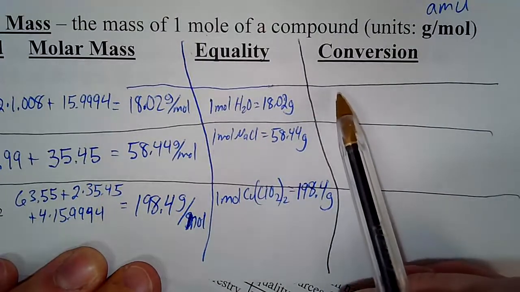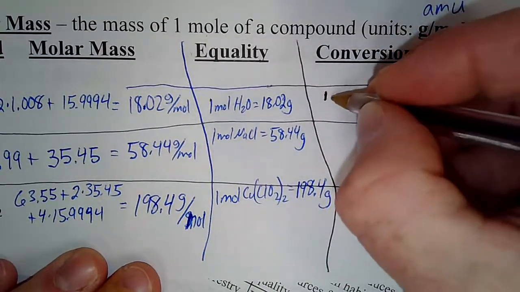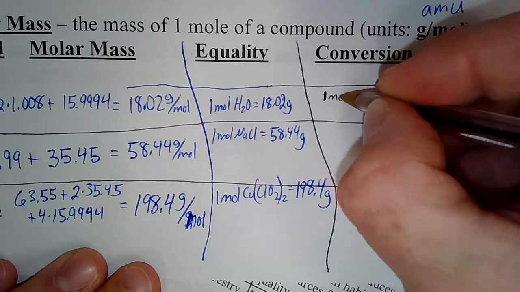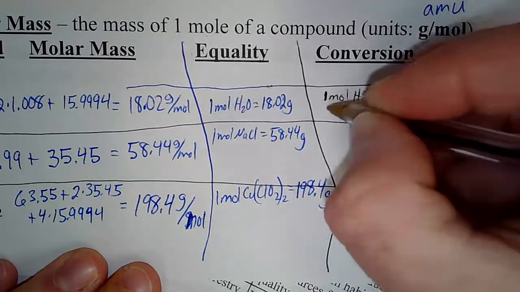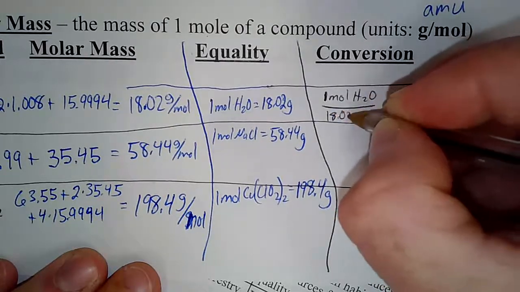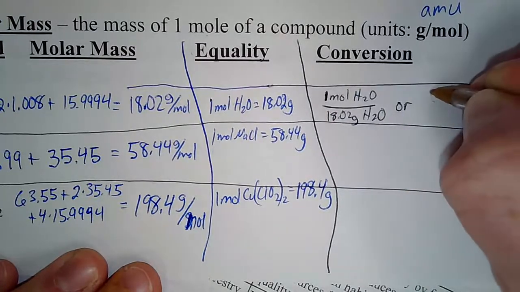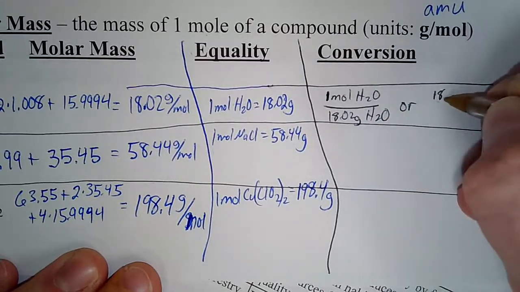To make conversions of this, we can do one of the two things. We can put 1 mole of water over 18.02 grams, or we can do the opposite. Put the 18 grams on top.